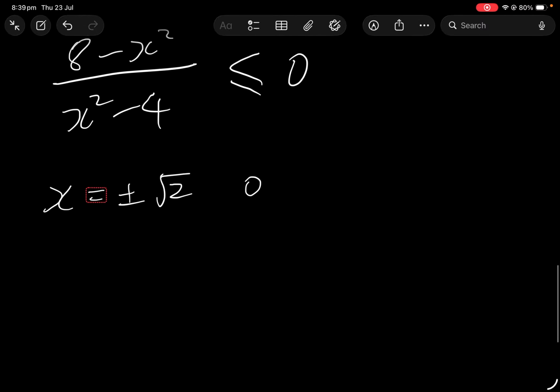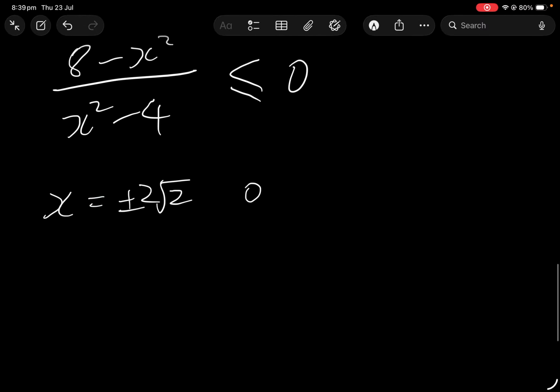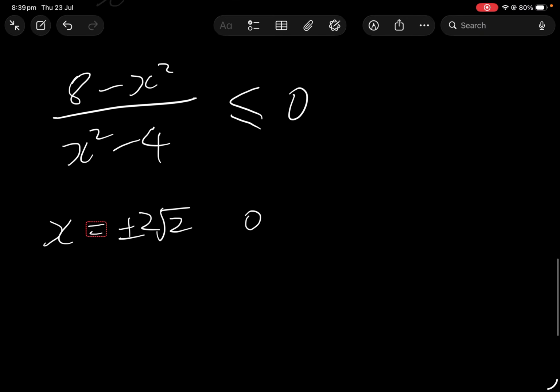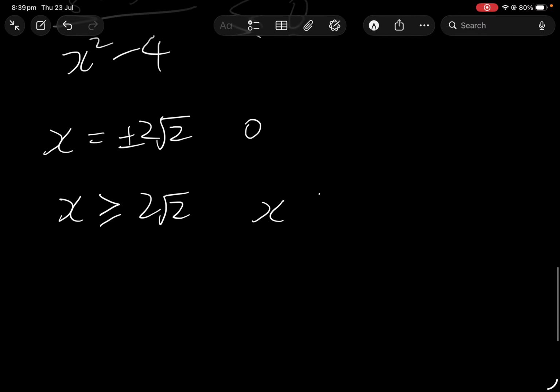So that means x should be bigger or equal to 2 square root 2, or x should be smaller or equal to -2 square root 2.